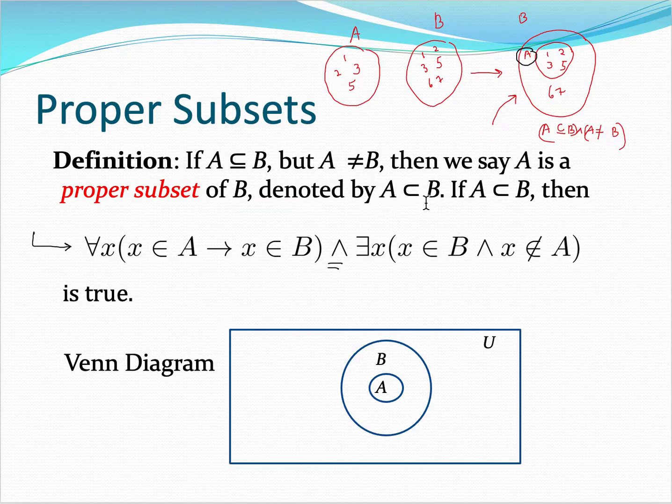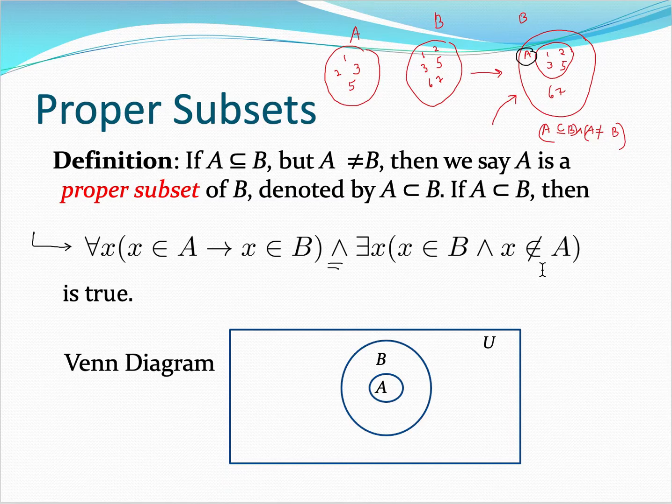If A is a proper subset of B, then for all x, if x is an element of A, then x is an element of B, and there exists some element x where x is an element of B, but x is not an element of A.